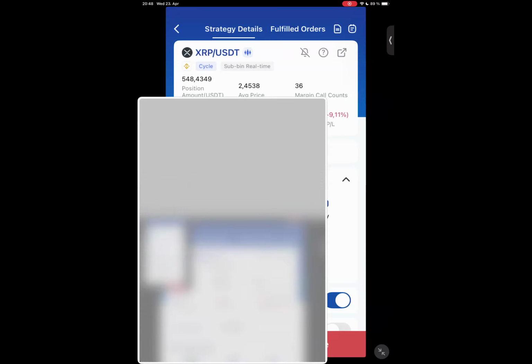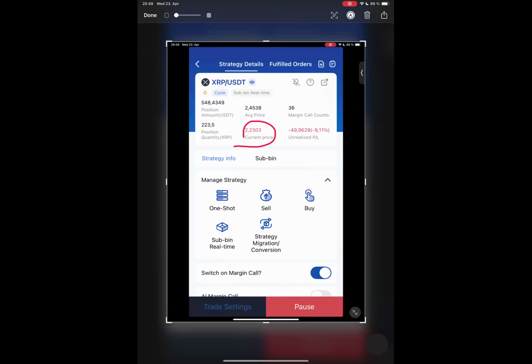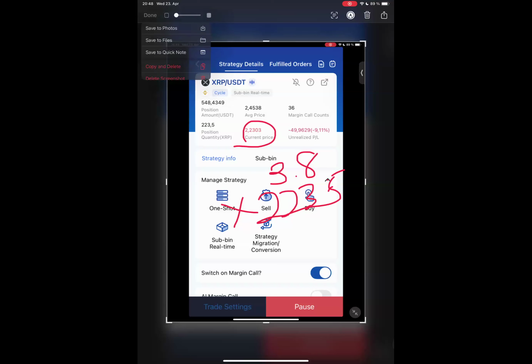Let's do some maths. Let's assume the current price of XRP is 3.8. Let's multiply 3.8 by 223.5.